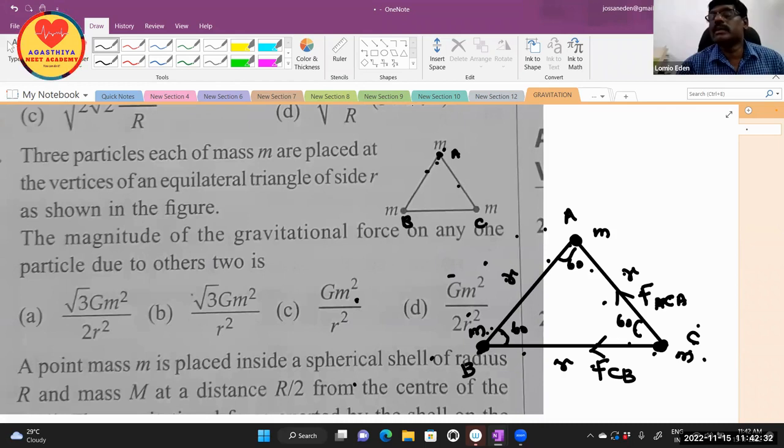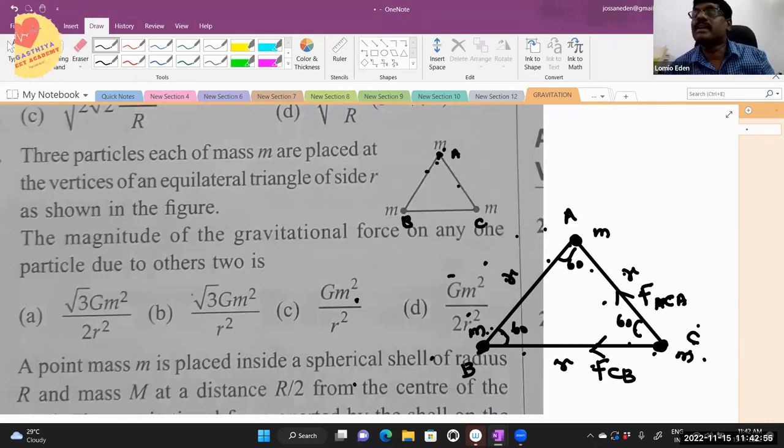From C, A will be attracted. From C, B will be attracted. Therefore, the total force acting on C is FCA and FCB. Two forces are acting at point C. We have to calculate the resultant about the point C.